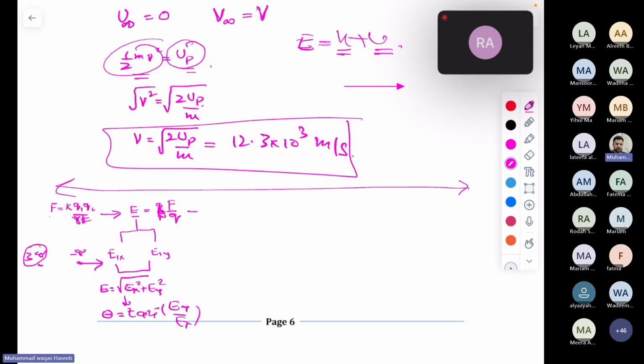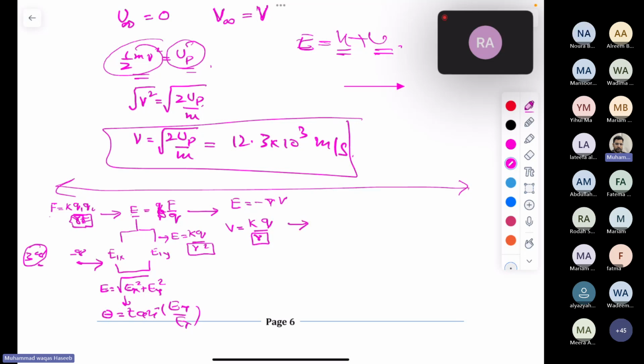Then it moves to the potential. The electric field is related to the potential, being the gradient of the potential, and the potential of a point charge is k q over r. The electric field of a point charge is k q over r squared. So force varies as 1 over r squared, electric field varies as 1 over r squared, and potential varies as 1 over r.